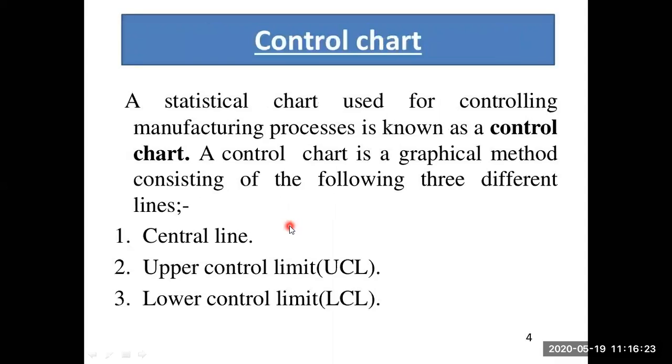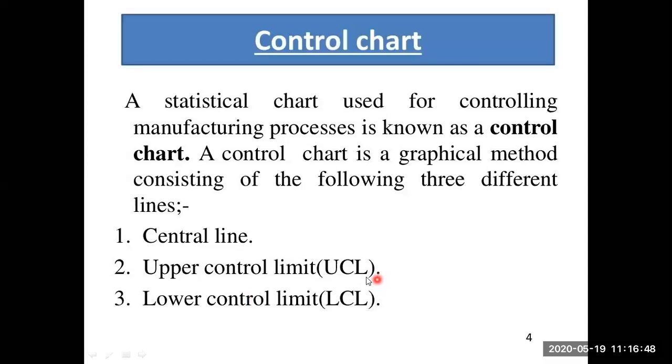Next. In a control chart, remember, the central line is there, the upper control line is there, and the lower control line is there. You have to write the control line as CL, the upper control line as UCL, and the lower control line as LCL. Remember one point: while writing the upper control line for the X bar chart, write X bar.